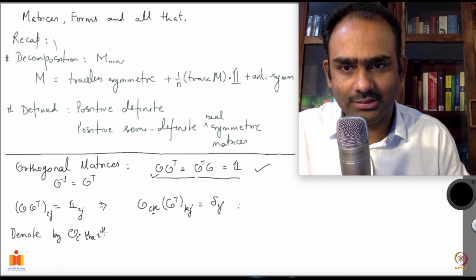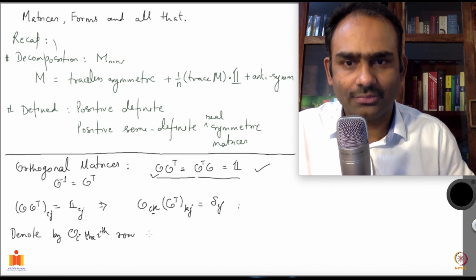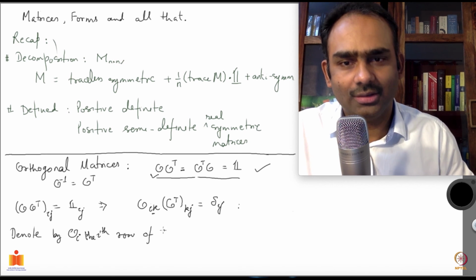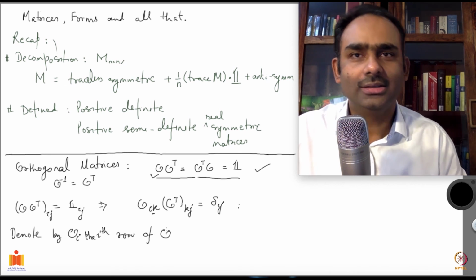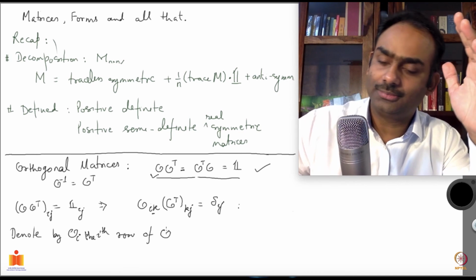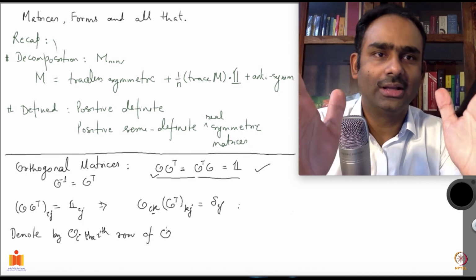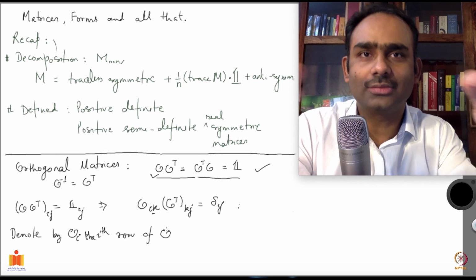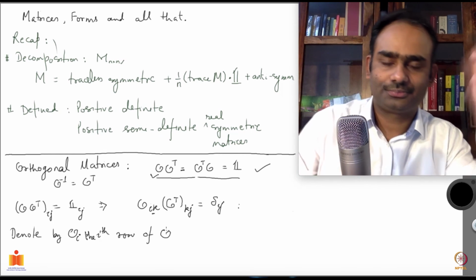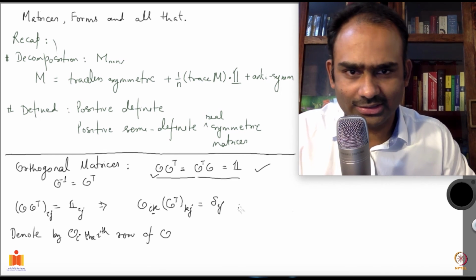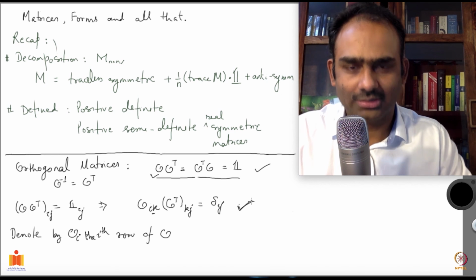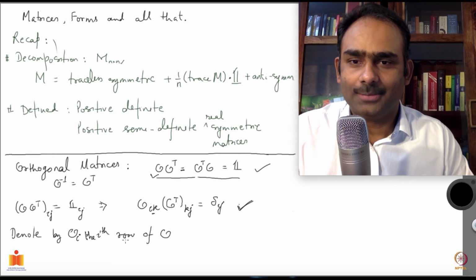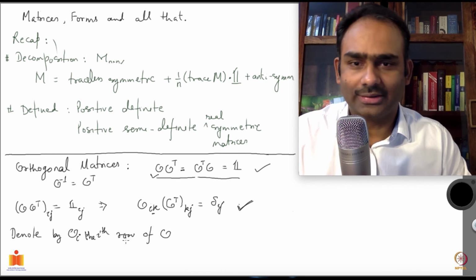You have an n cross n matrix, and it has several rows in it. So look at the ith row, and that is what I am denoting by O_i. Now let's see what this relation is saying about these row vectors.